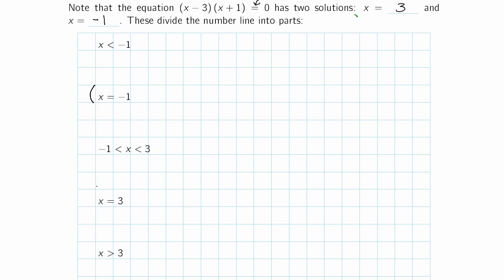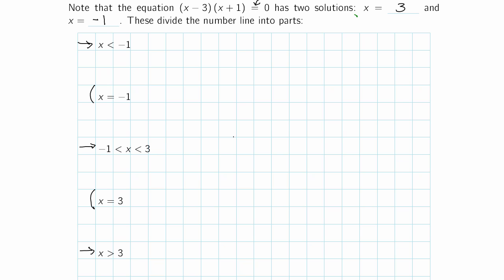So we have our two solutions, and then we have the numbers that are to the left of all of them, the numbers that are in between, and the numbers that are to the right of all of them. So what we're going to do is analyze the sign of the product on each of those parts of the number line.